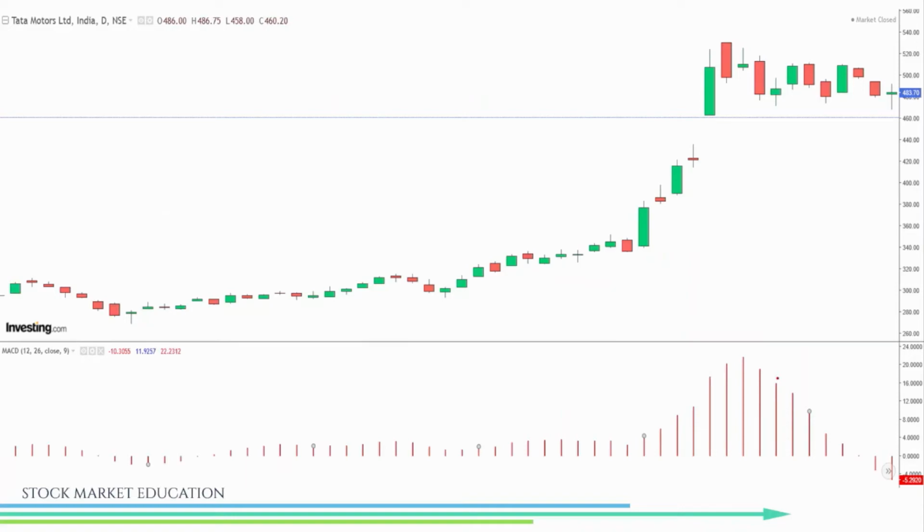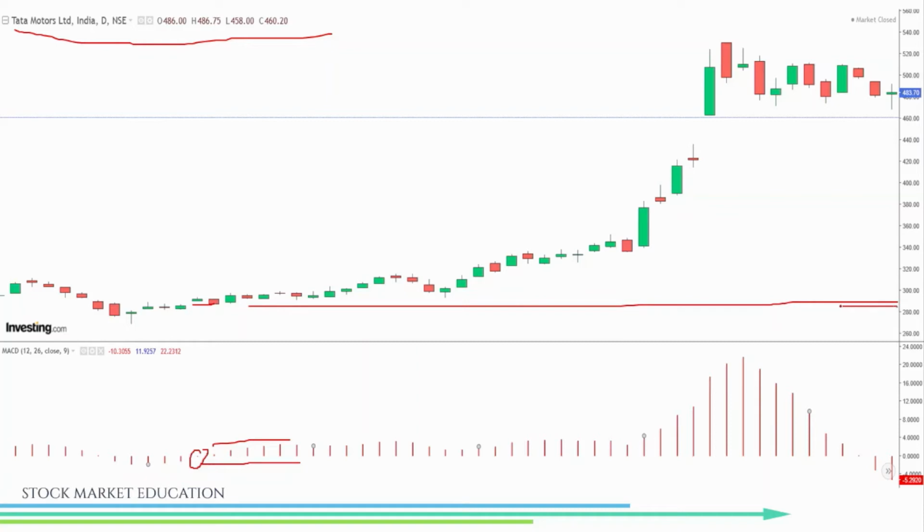Now there is a classic example of Tata Motors. This is a daily chart of Tata Motors, and here you can see the point when the bars started rising above the 0 line. Suppose you entered Tata Motors somewhere around the 280 to 300 level. Here you can see it was a flat movement.